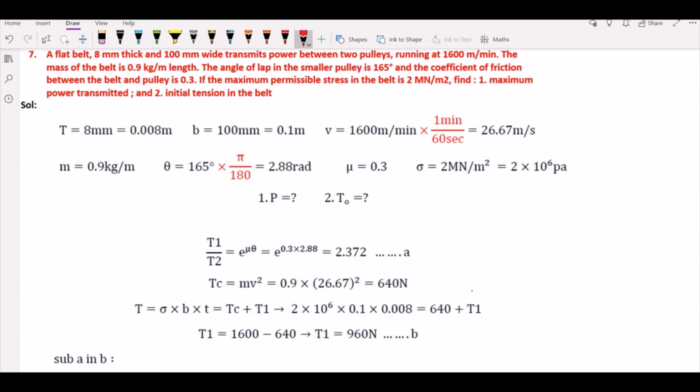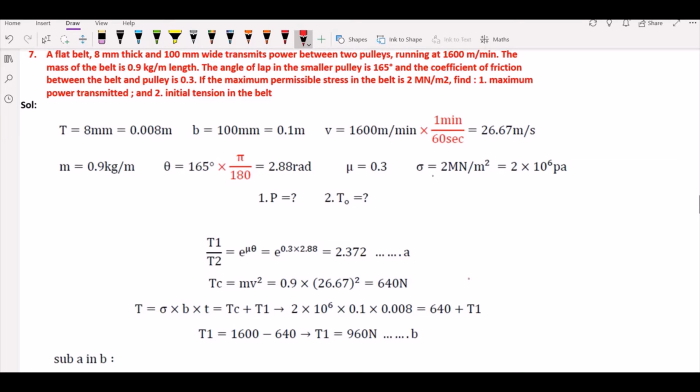In the previous case the angle was not given. So in the previous case, if d1, d2 and the distance x are given, we calculated alpha, that is theta is equal to 180 minus 2 alpha into pi by 180. From that, alpha is equal to sine inverse of (d1 minus d2) by x. Here it is not required because the angle is given directly. If the angle is given, convert it into radians, 2.88.